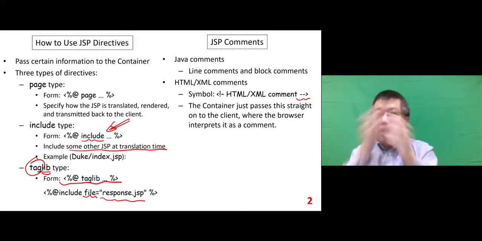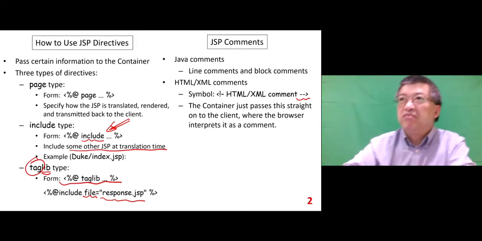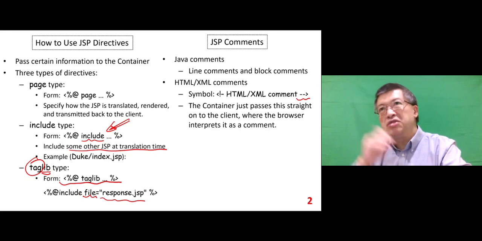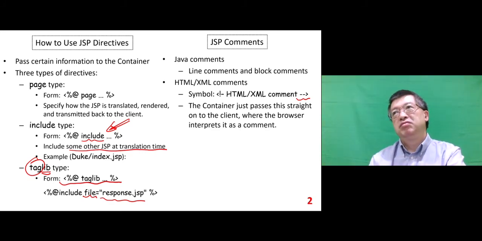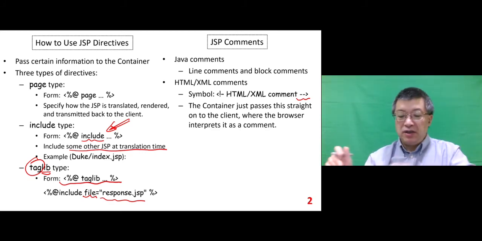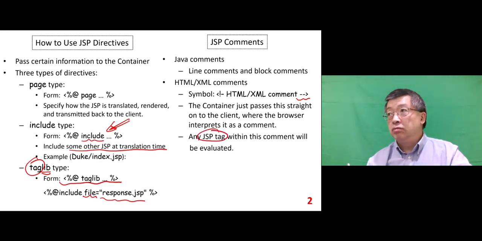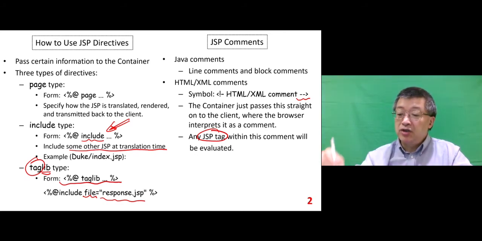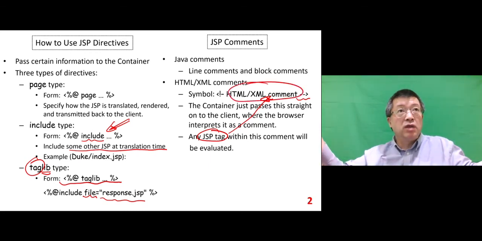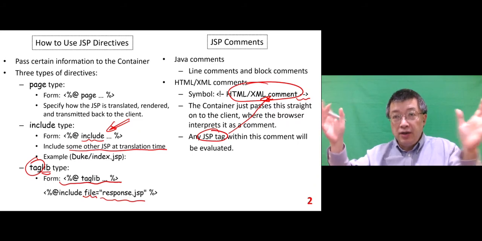But there is another special situation. So this next one, another situation: any JSP tag. What are the JSP tags, right? You can insert some JSP tags as the content of your comment. There are many different JSP tags, and you can put them there.